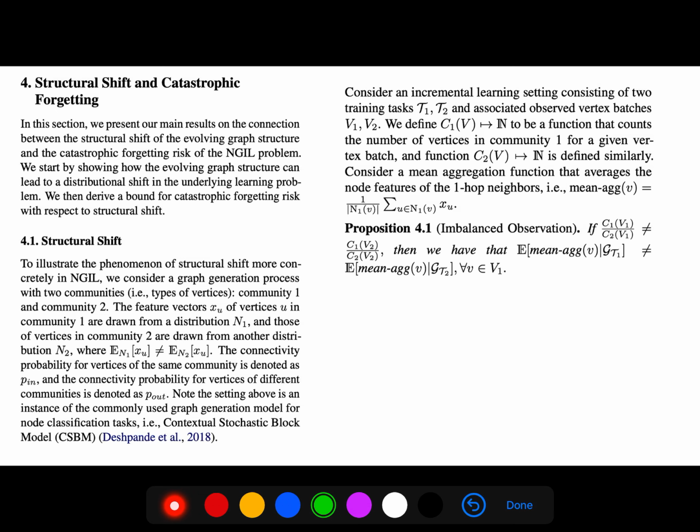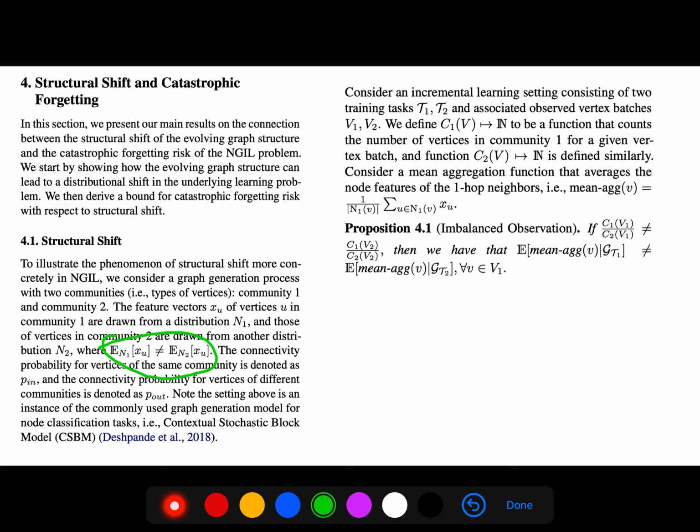So to illustrate the phenomenon of structural shift more concretely, we consider a graph generation process with two communities, community 1 and community 2. The feature vectors of vertices in community 1 are drawn from a distribution N sub 1, and those of vertices in community 2 are drawn from another distribution N sub 2, and their expectations are not the same.